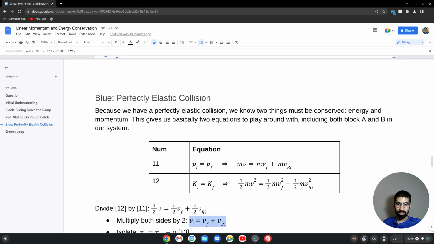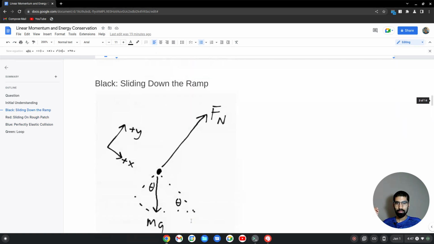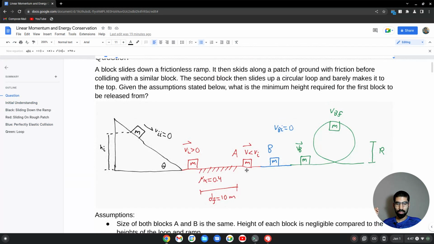It just says the velocity at the beginning of block A is going to be distributed into the velocity for block B after the collision, and whatever velocity A has left, if it has any left.